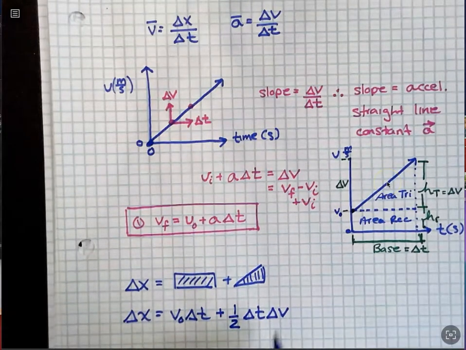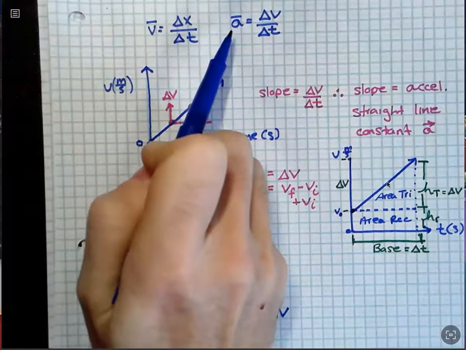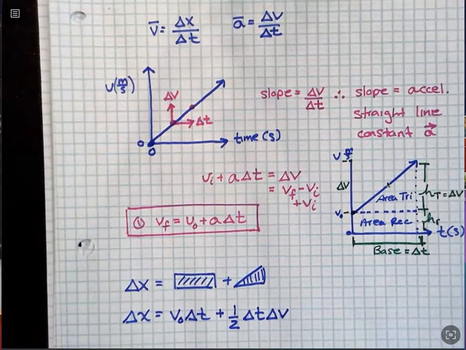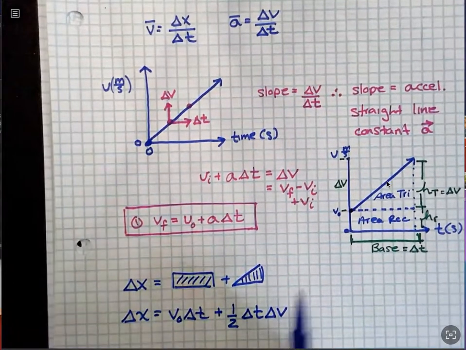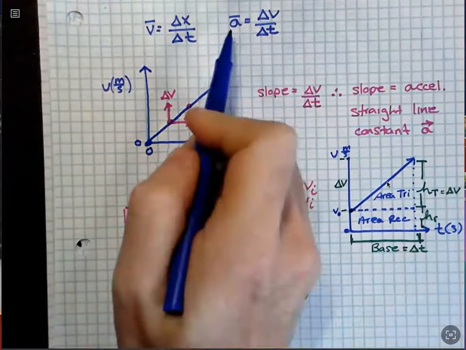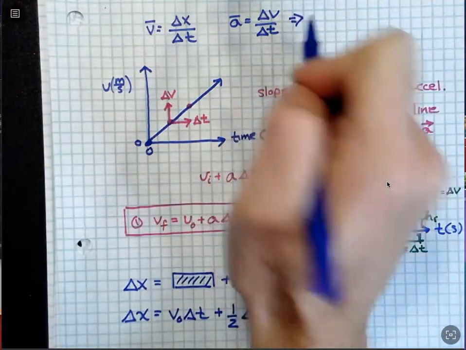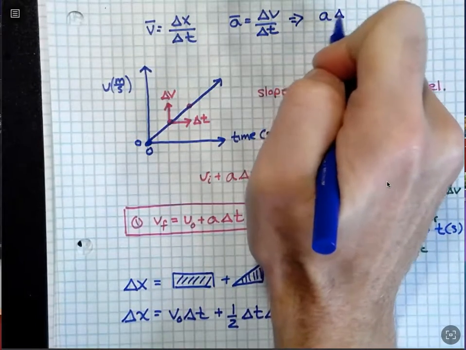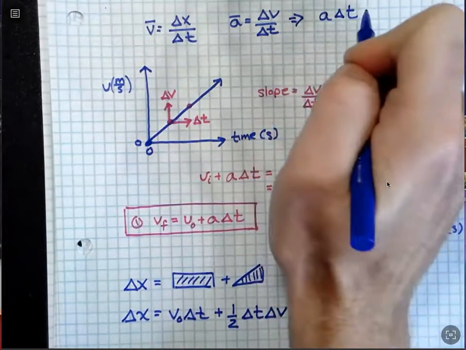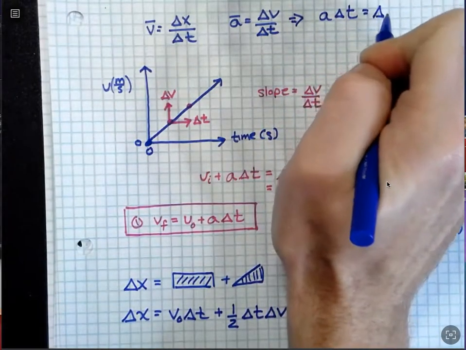When I see this equation here, I notice I have a delta v, which also appears in my equation at the top, our definition for acceleration. I can write delta v in terms of a and delta t. Again, we can rearrange this to say a delta t is equal to delta v.